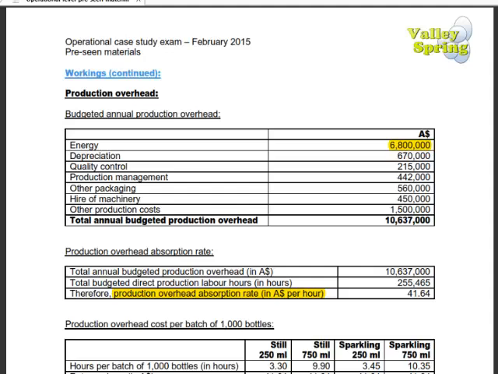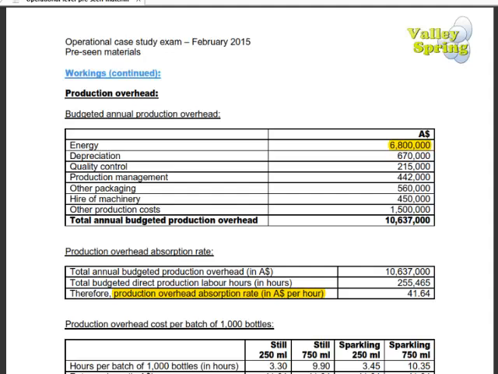If we looked at the 10.6 million, only 1/4 of that would be equivalent to the amount we're spending on direct labor. So on what basis are we using this direct labor absorption rate? I think it's unsustainable.